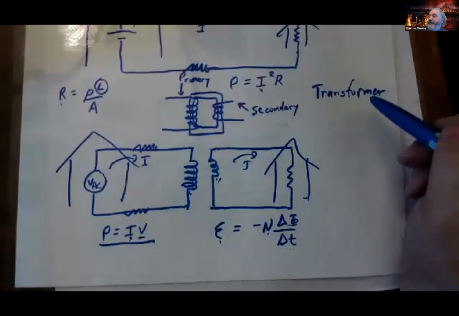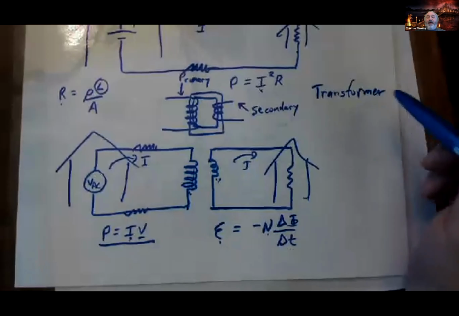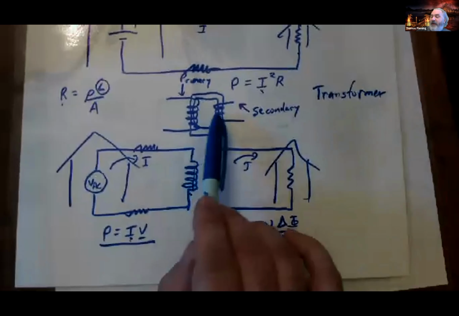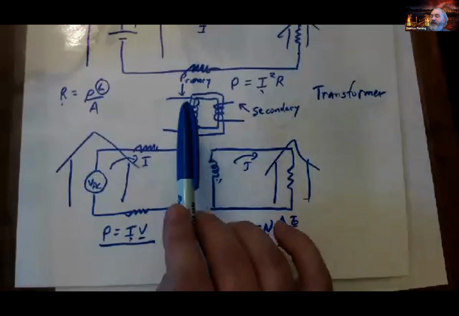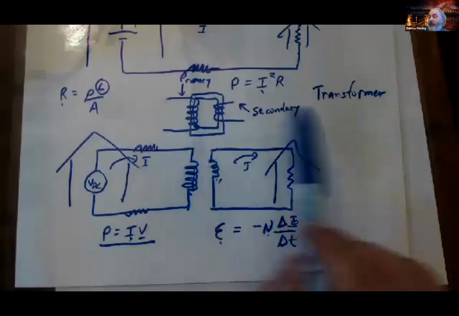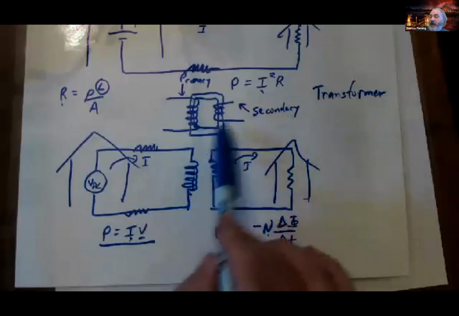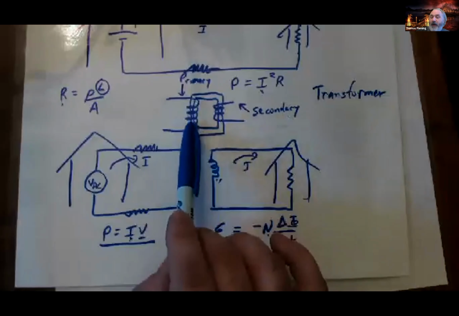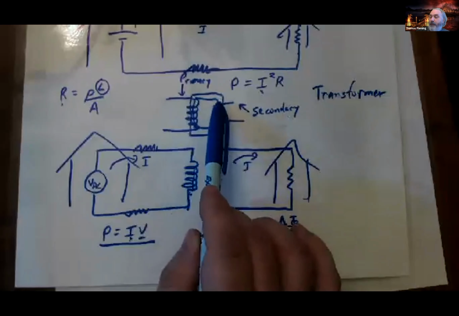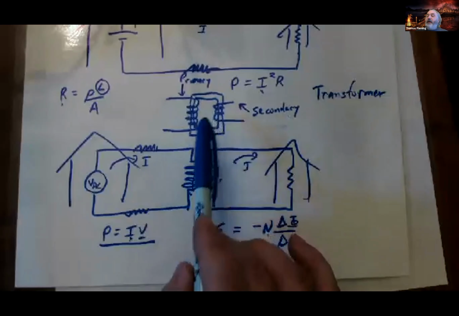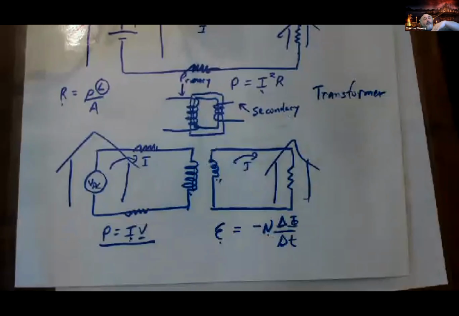So transformers are useful for that. By changing this ratio of coils, you can either increase or decrease the voltage in your output compared to your voltage in your input. Now, what I've drawn here, where I have a lot of coils in my primary and comparatively few coils in my secondary, is what we call a step-down transformer. And that's the kind of thing that would be useful in power development.